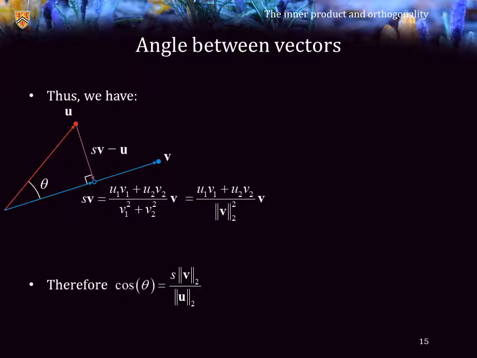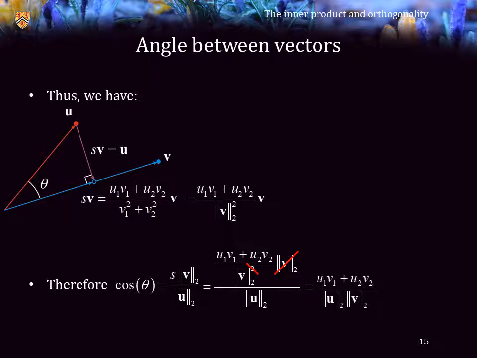Therefore, going back, cosine of theta is s times the 2 norm of v over the 2 norm of u. Substituting the value of s into the expression, we get the following. However, notice that the 2 norm of v cancels with one of the 2 norms in the denominator. And simplifying this expression, we get u1 v1 plus u2 v2 over the 2 norm of u times the 2 norm of v.